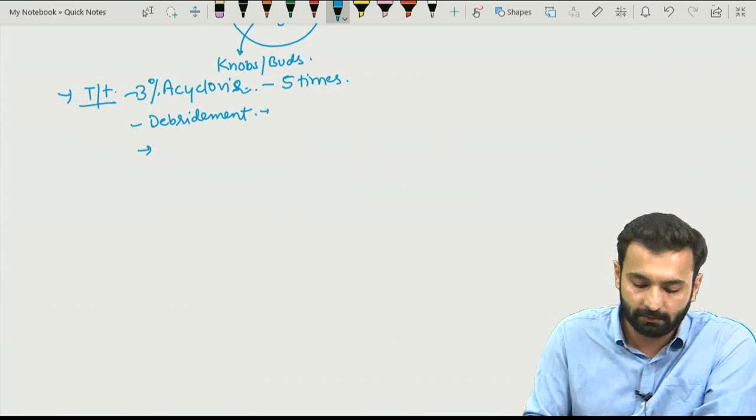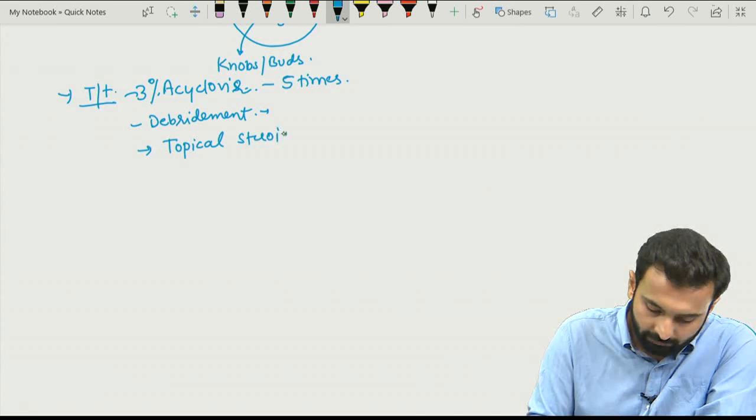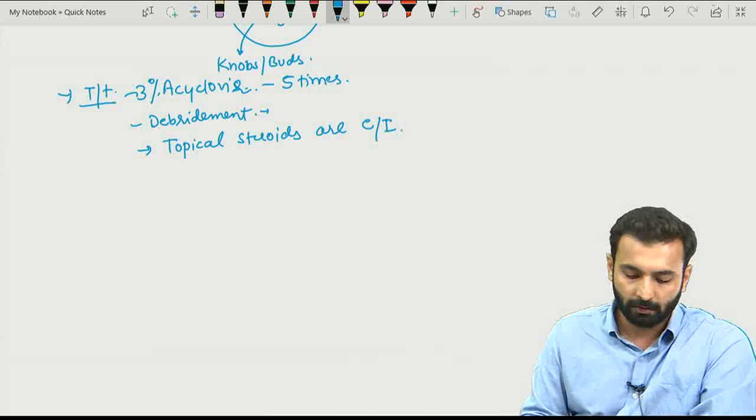What should not be done is topical steroids. Topical steroids are contraindicated in herpes simplex virus keratitis, right?